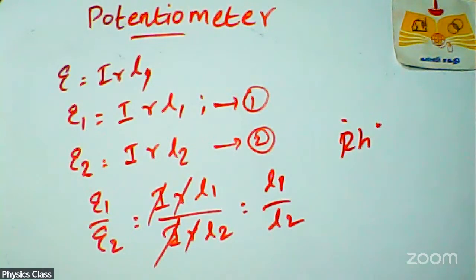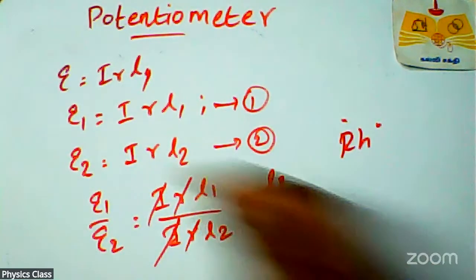A potentiometer is a device used to measure accurate potential difference, resistance, and current. It consists of a 10-meter long wire made of manganin or constantan, placed on a wooden board.